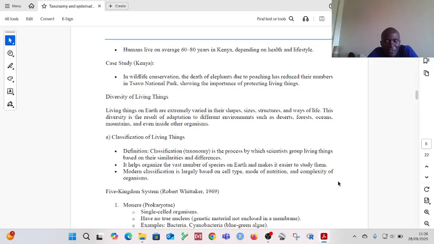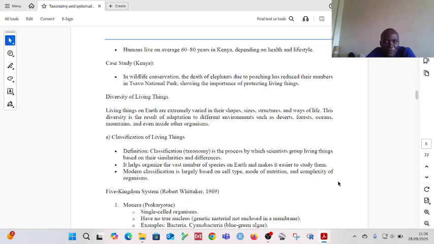Okay? So on the basis of the differences, sababu kuna these living organisms zenye ziko tofauti sana, lakini tunahitaji at least tukue na njia ya kuziorganize. So that way in which we organize these living organisms is what we are calling classification. Classification, which other people refer to as taxonomy, is the process by which scientists group living things.